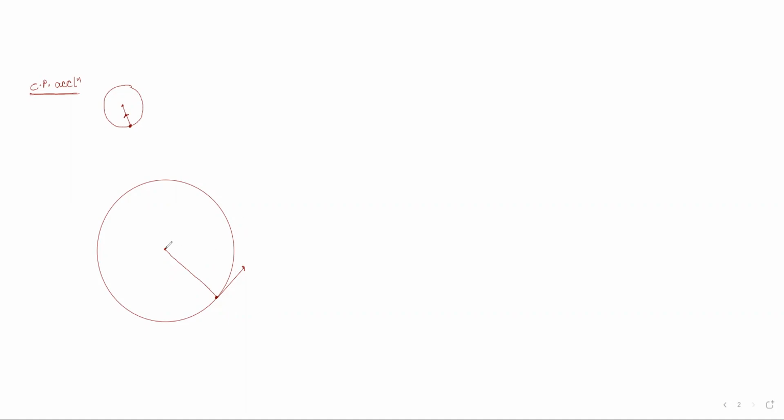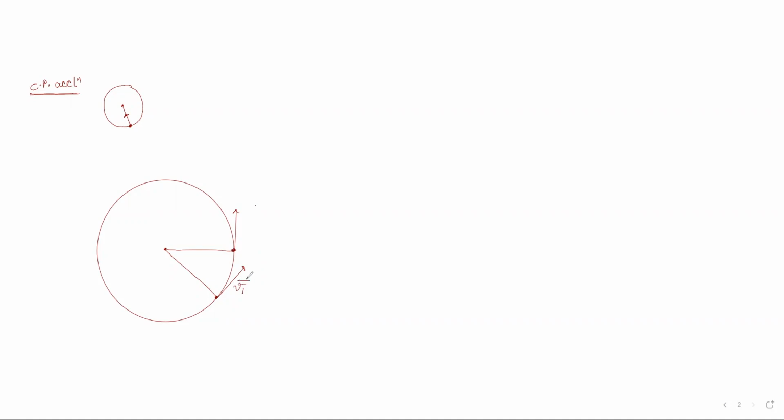Suppose the next position after some time is at this point, then at that point also the velocity of the object must be tangential. And we discussed that in uniform circular motion, the speed is constant, but the velocities are changing.